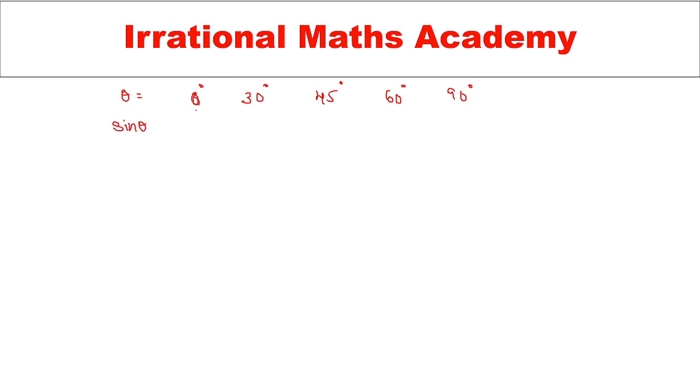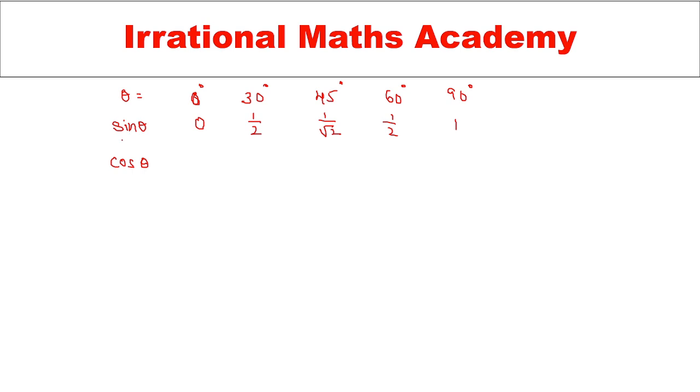Sin 0 degree value is 0. Sin 30 degree value is 1 by 2. Sin 45 degree value is 1 by root 2. Sin 60 value is root 3 by 2. And sin 90 degrees is 1. If you remember these 5 ratio values, that is more than enough.